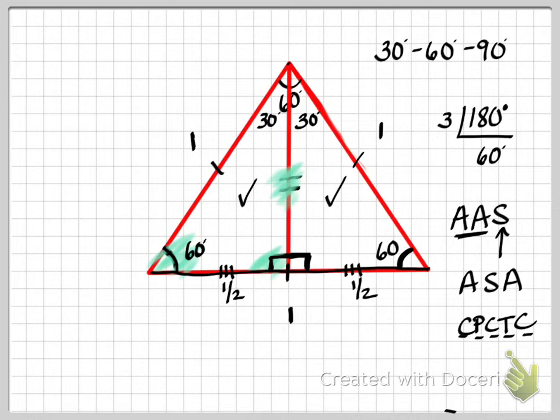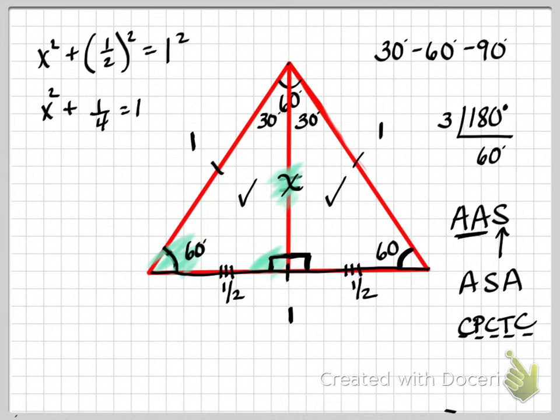By the Pythagorean theorem, I can figure out the length of this side. So I can do a squared plus b squared equals c squared. Four fourths minus 1/4 is 3/4.